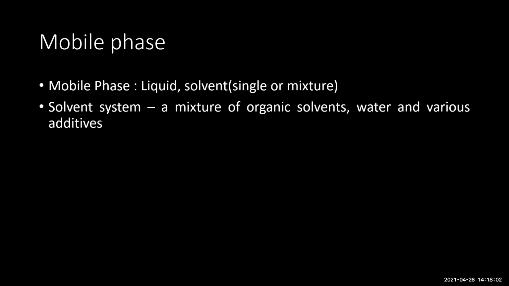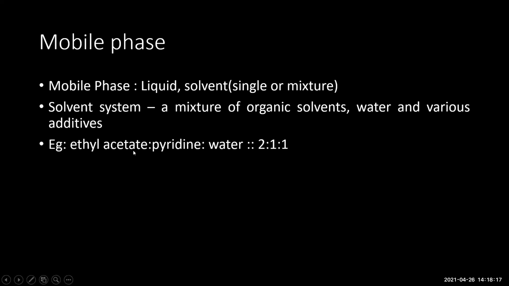So you need a type of additive which will make sure that these separated molecules get attached to the stationary phase and remain within the chromatographic technique when further steps are performed. Okay, so we commonly use ethyl acetate, pyridine, and water in the ratio of 2:1:1, which gives us a very good mobile phase for separation.